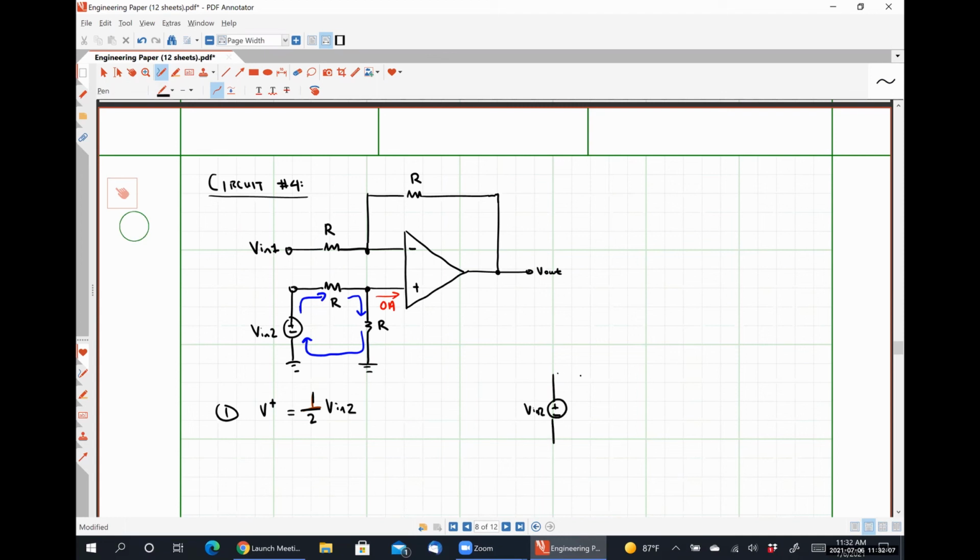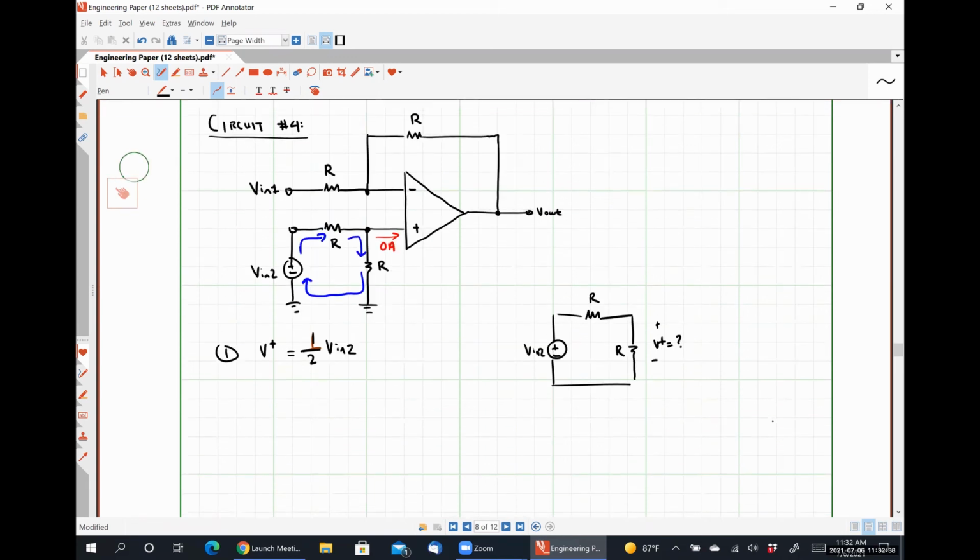Vn2, R, R, and we want to know what this voltage is. So using voltage division, we know that the voltage is going to split up evenly between those two identical resistors. Make sense? Yeah.